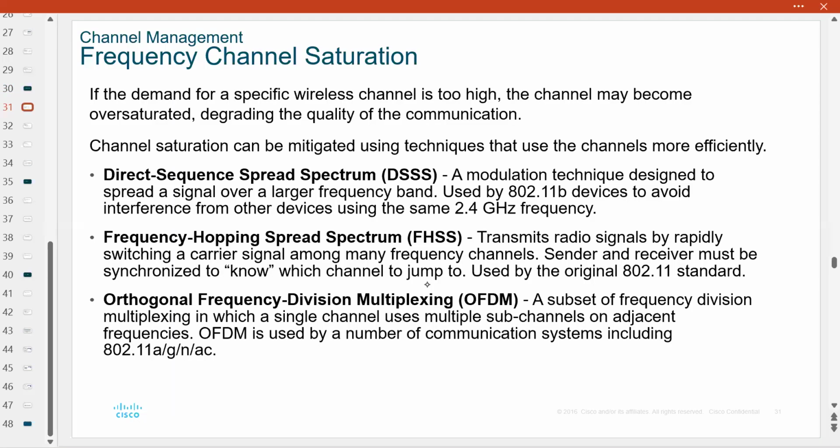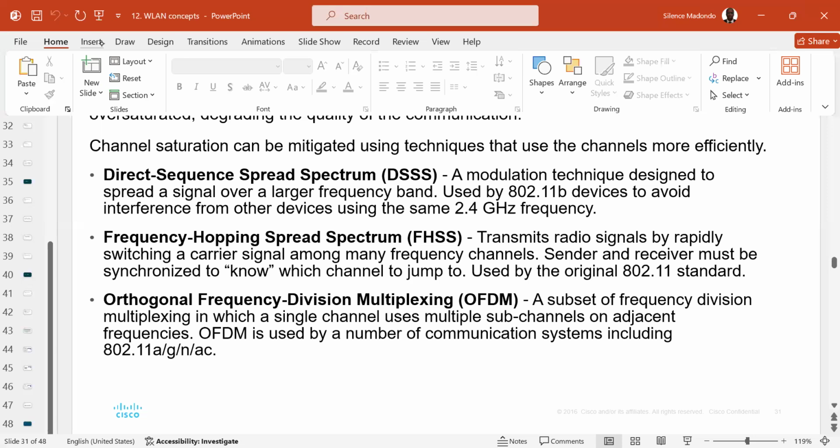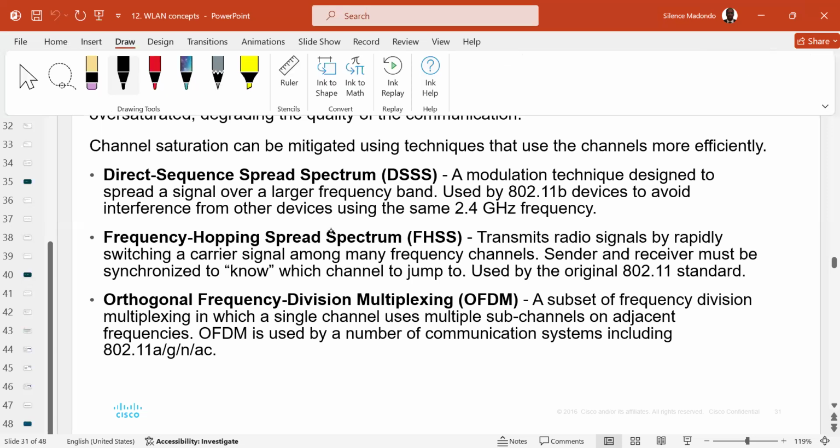Right, so to give a brief background of what channel management is, we're going to start by defining what the channel is. I think it's very important.